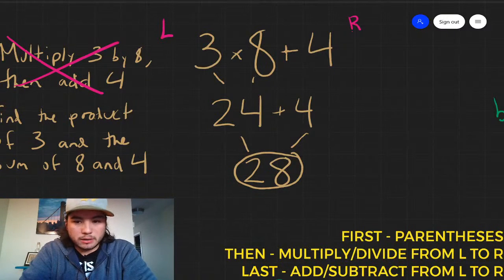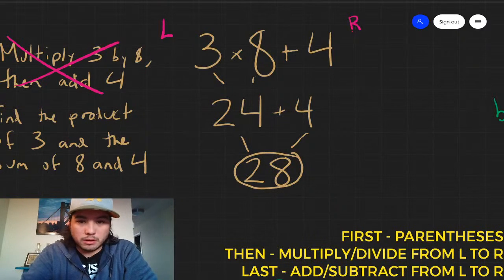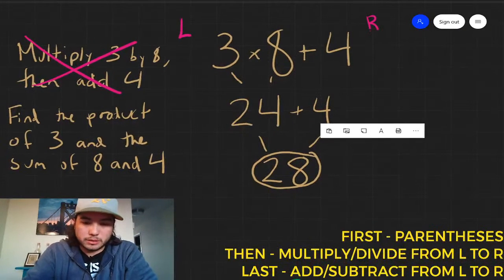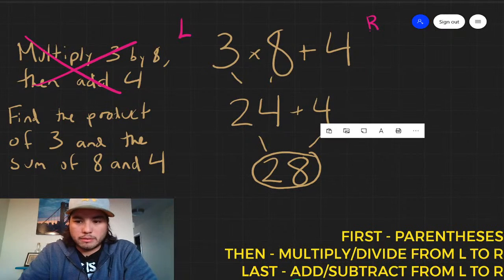Find the product of 3 and the sum of 8 and 4. I'll scoot this over a little bit so you can see it. Okay, that's going to be very different.